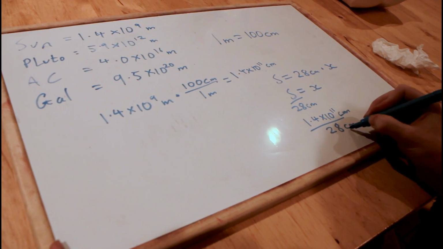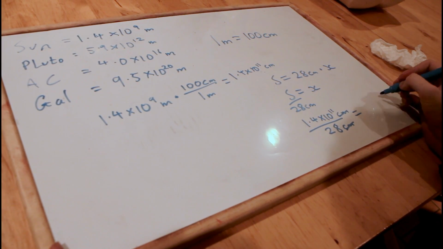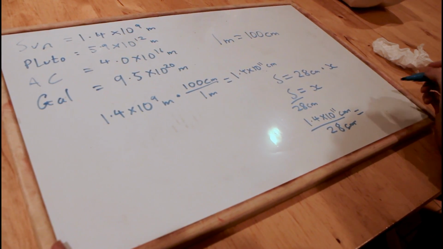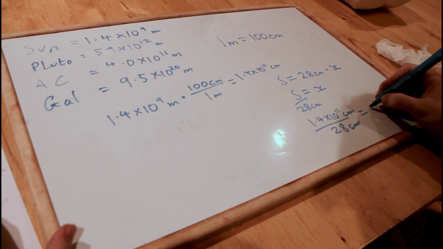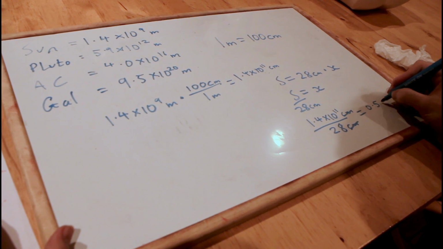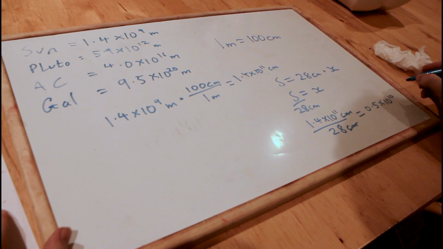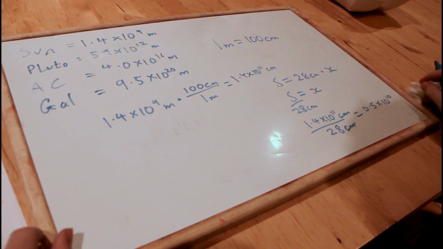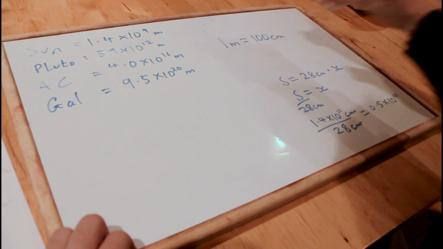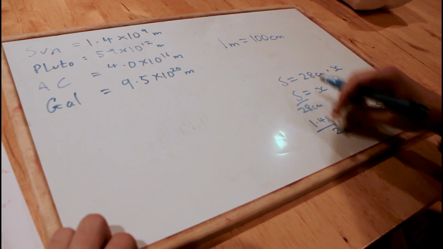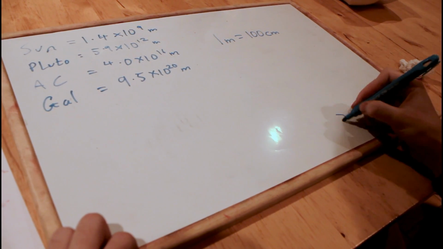The centimeters will cancel out, and so this value here, our X, is just going to be a unitless value, and with a little bit of maths, this comes to 0.5 times 10 to the power of 10. So with that information, we now have a value for X.